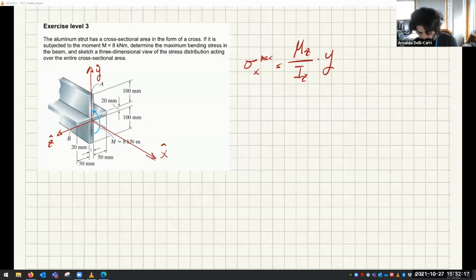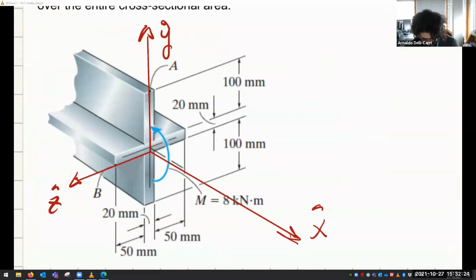So the largest y coordinate, of course, is 100 millimeters, no, 110, I believe. I think I screwed up because this should go here, and this should go here. Yes. Okay.